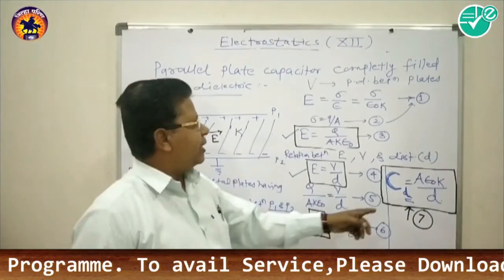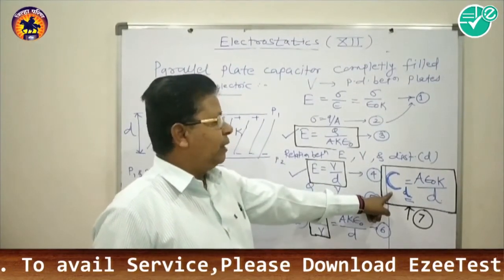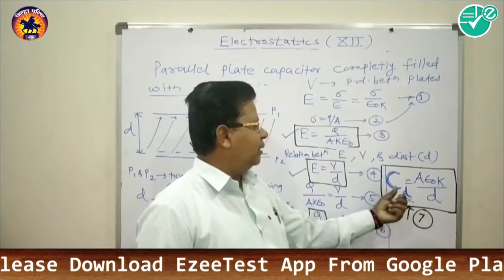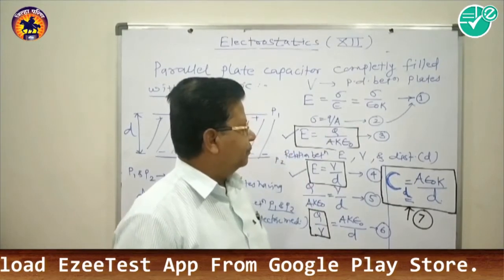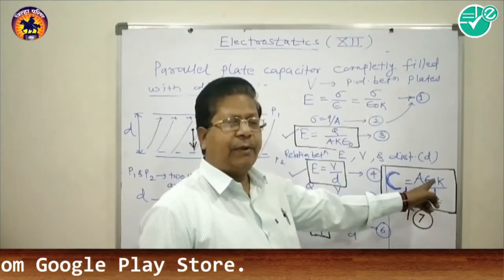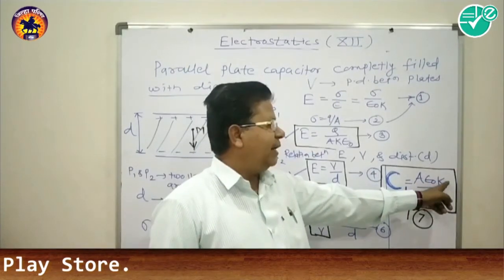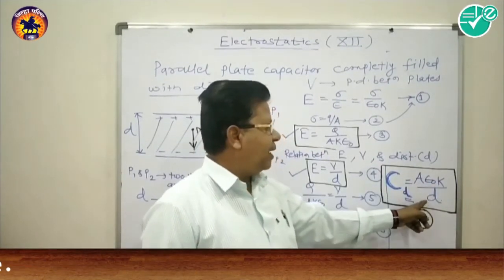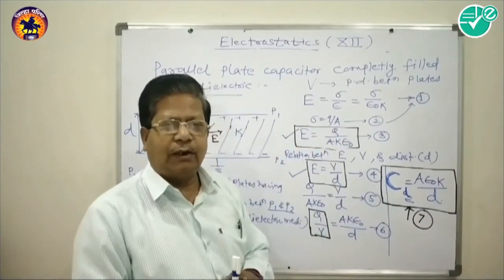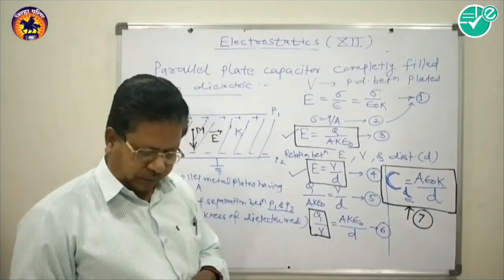Now from this expression we conclude that the capacity of a parallel plate capacitor depends upon area, depends on dielectric medium, and depends on the distance of separation between the two plates.